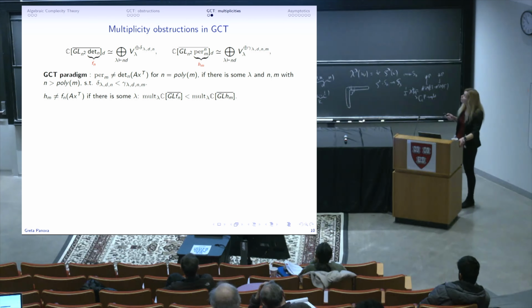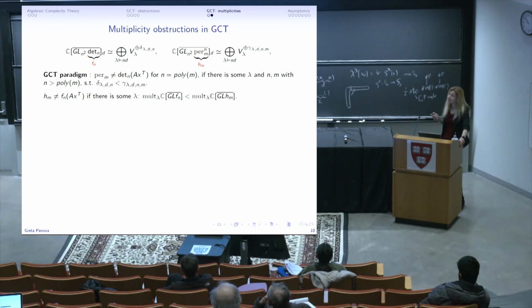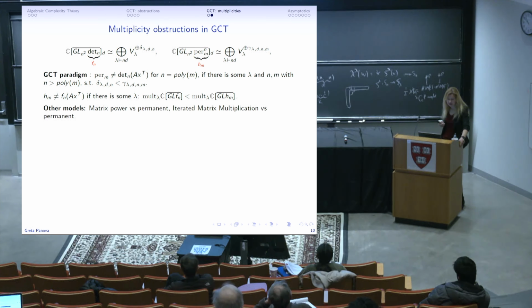And if we want to show that it's not possible, then it's enough to show that there is some lambda whose multiplicity satisfies these inequalities.